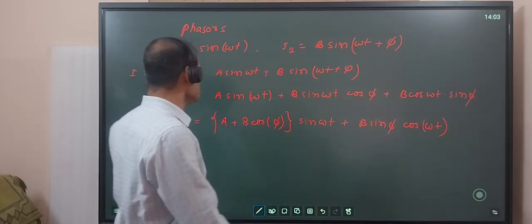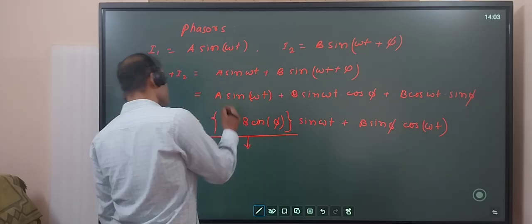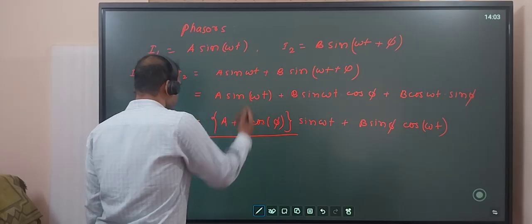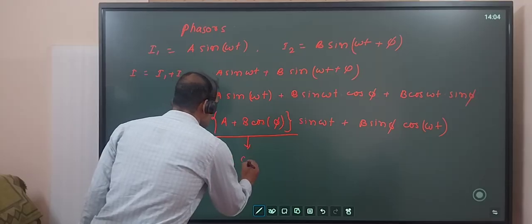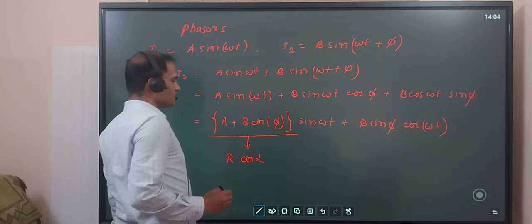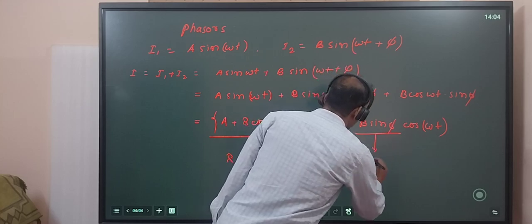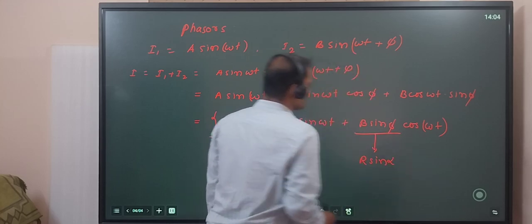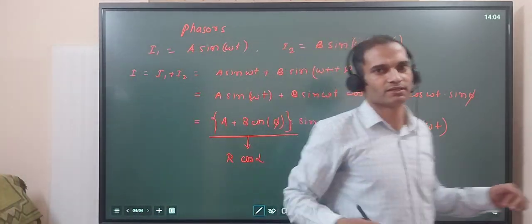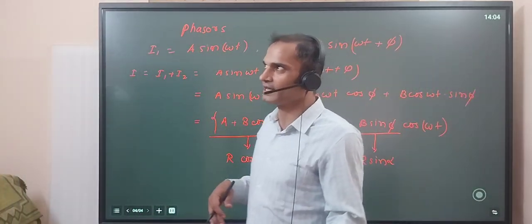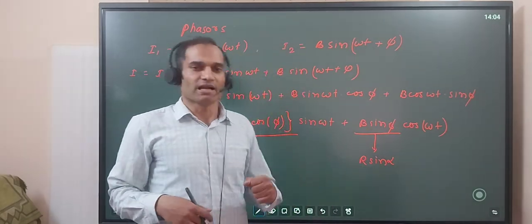Now what I am going to do is call this part r cos alpha, and this part r sin alpha. It looks like we have done something like this with vectors in another chapter, like simple harmonic motion.